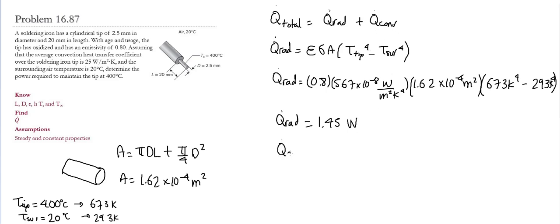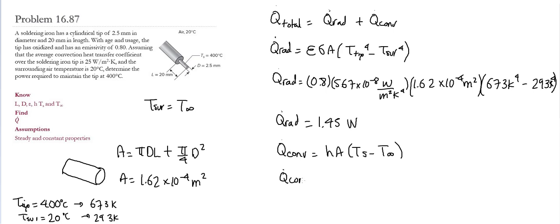The amount of heat lost by convection is equal to h, area, T of the surface of the tip, minus T infinity. Notice that in this case, we're going to assume that the surrounding temperature is equal to the ambient temperature. Okay, and Ts is simply the temperature of the tip.